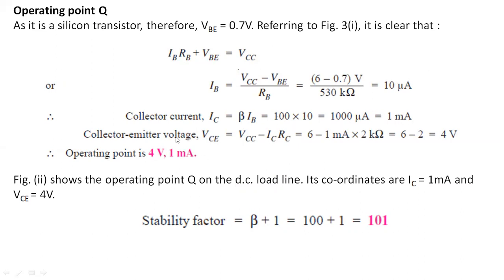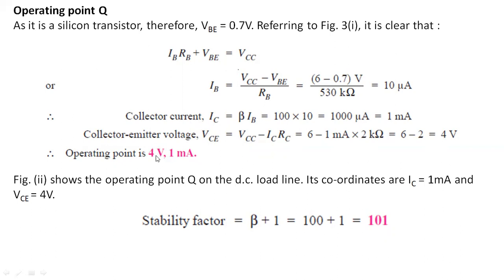Now, for the collector to emitter voltage for this particular IB, we use the same equation, VCE equals VCC minus IC RC, but now we put the value of IC as 1 milliampere, calculated with this IB. After solving it, we get VCE as 4 volt and IC as 1 milliampere.